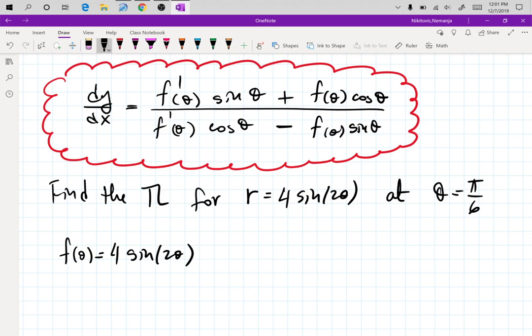Because once you plug all of that in, each theta becomes pi over 6, and then you will be computing sines and cosines of pi over 6. Everything will collapse down to m equals a number, which becomes your slope.